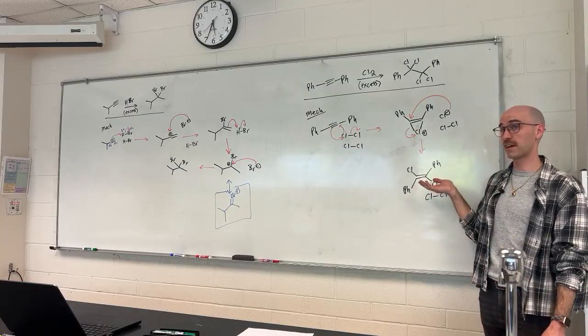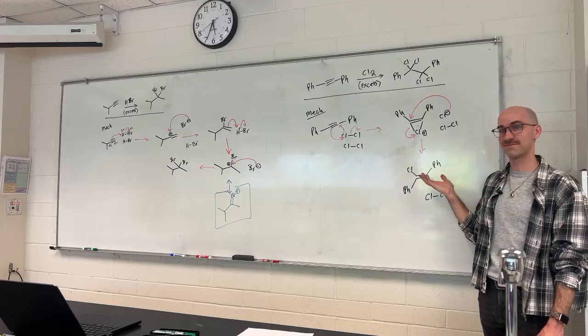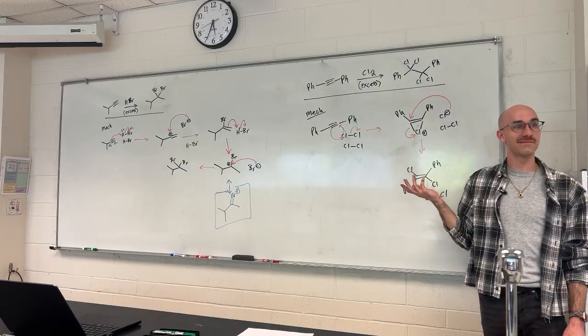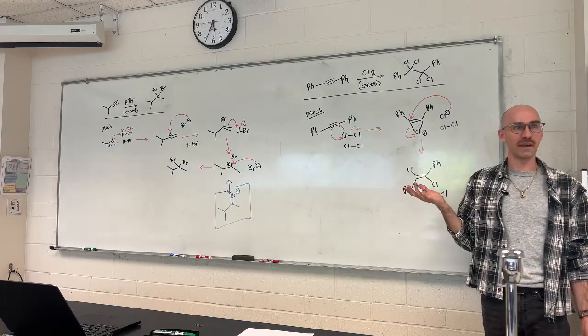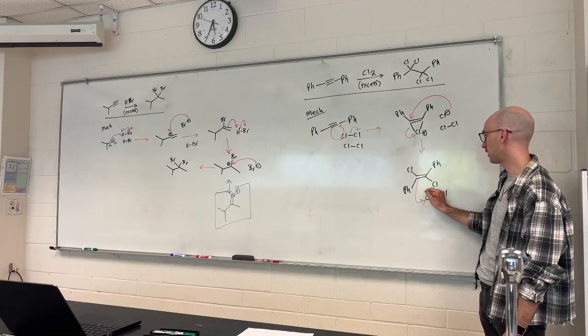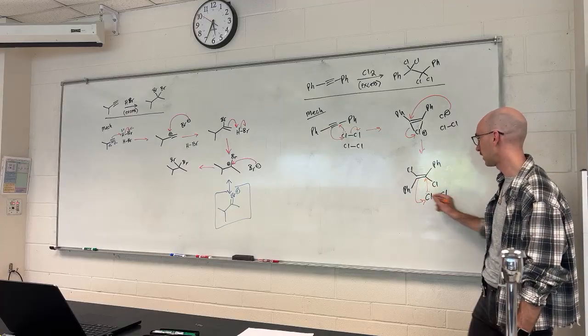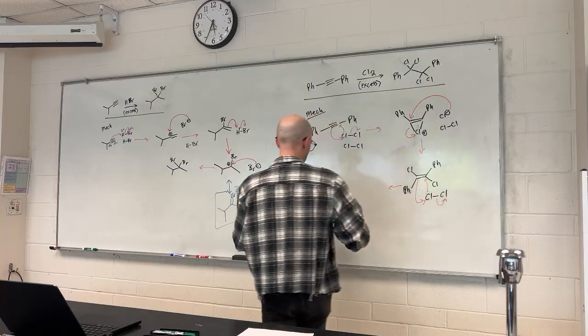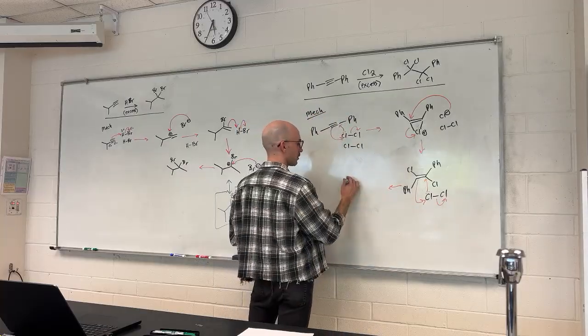Now what functional group do I have? Alkene. Simple. We know the mechanism for this. Pi bond attacks a halogen, the halogen attacks back, a halide is kicked off. The halonium ring forms.